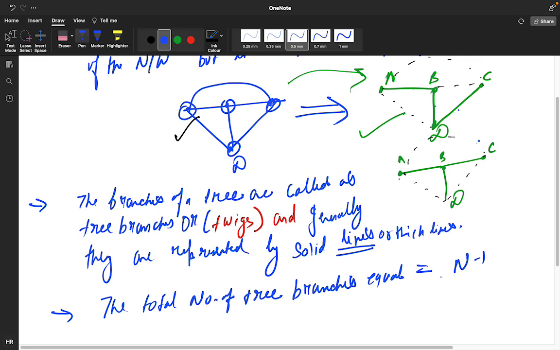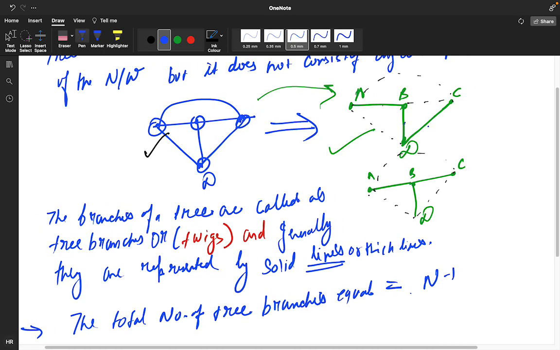So how many tree branches will we get? 1, 2, 3. So nodes are 4 minus 1, so 3. In this also you will get 1, 2, 3. So 4 minus 1, 3. So always your tree branches will be n minus 1 only, meaning nodes minus 1.